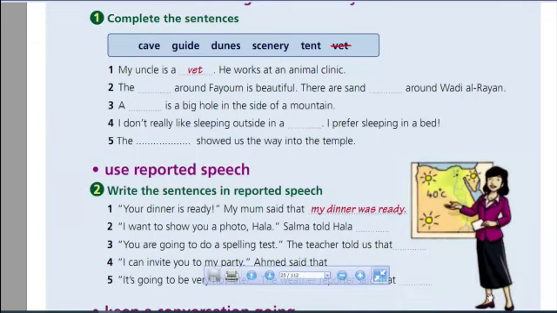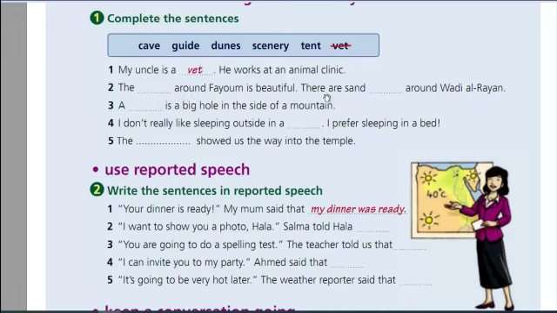Now let's go to page number 23, exercise number 1. Here, complete the sentences. Number 1 is already answered. My uncle is a vet. He works at an animal clinic. The what around Fayoum is beautiful? The answer will be the scenery.